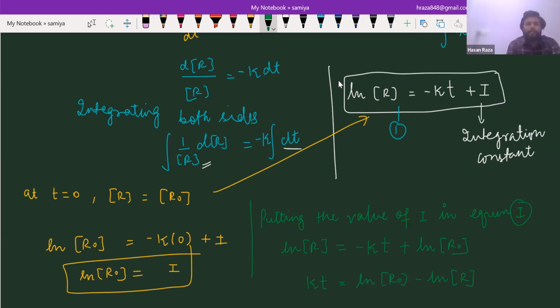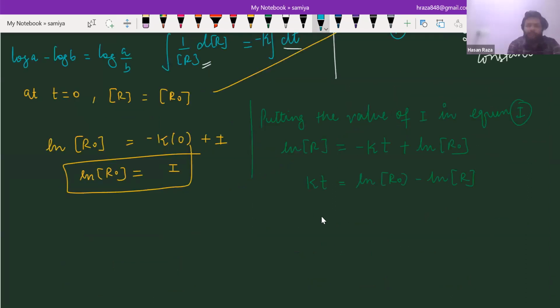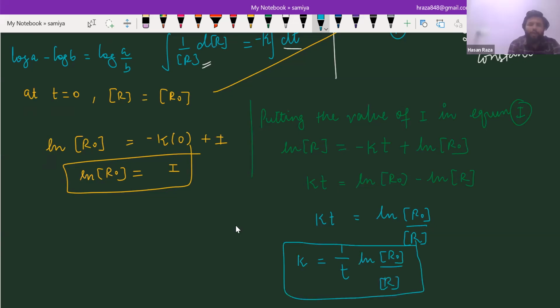Do you know the basic mathematics of logarithms? If you have given ln a minus ln b, that can be written as log a upon b or ln a upon b. So can I write kt will be equal to ln R naught upon R. And again, if you are going to find the value of k for a first order reaction, it is 1 by t ln R naught upon R. And if you are going to convert this ln into log, then there will be multiplication of 2.303.